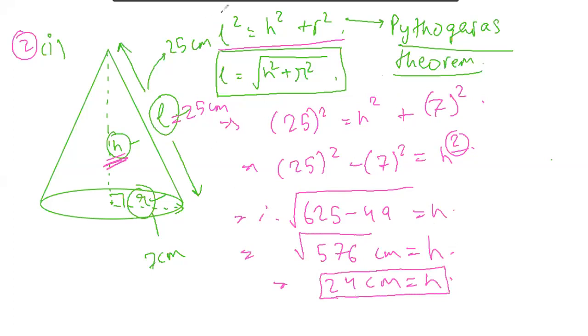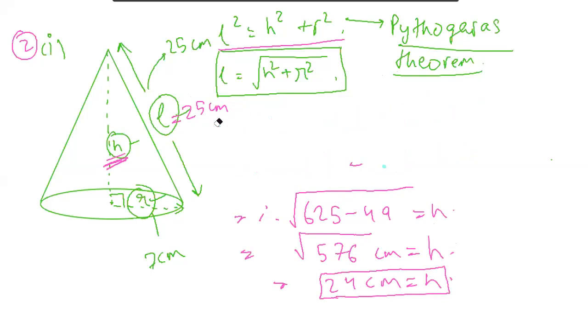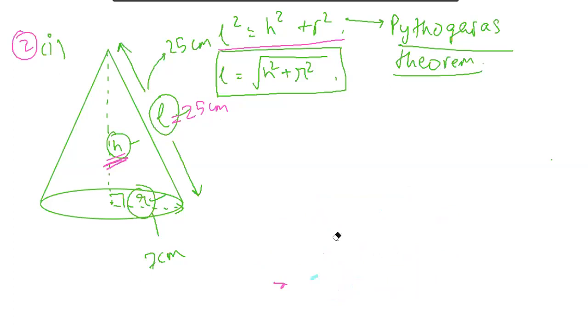Okay, so let's erase this. Volume of a cone is equal to 1 upon 3 pi r square h.